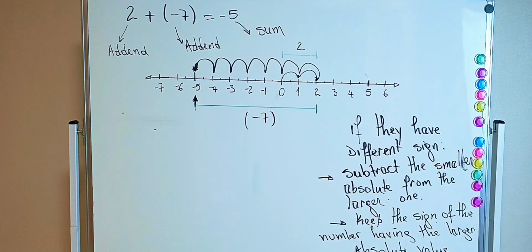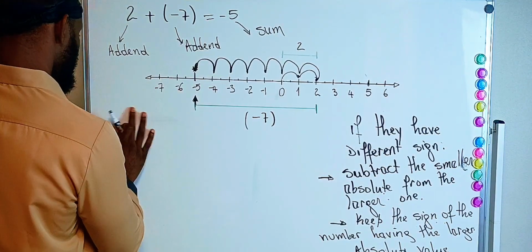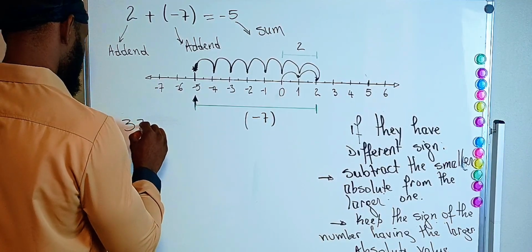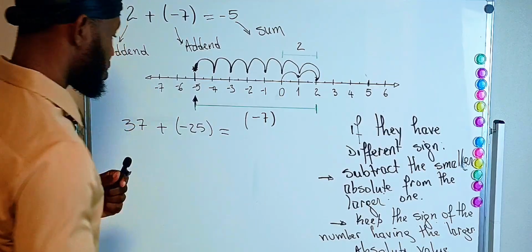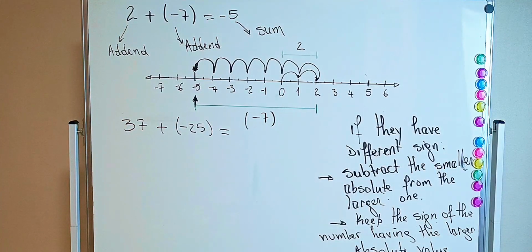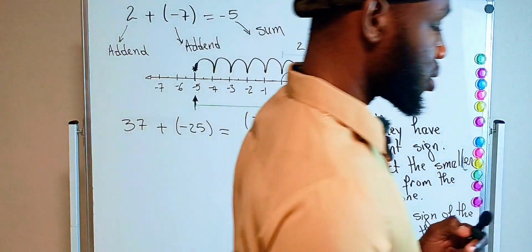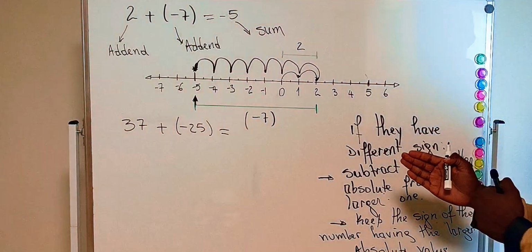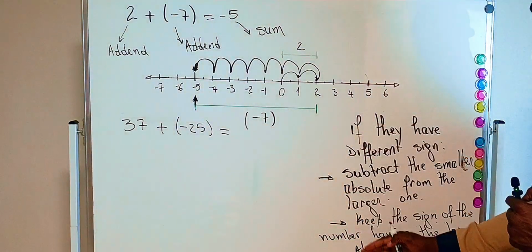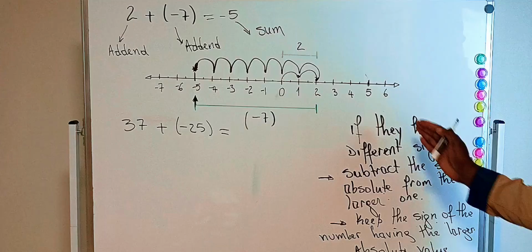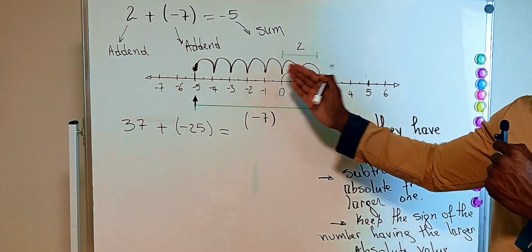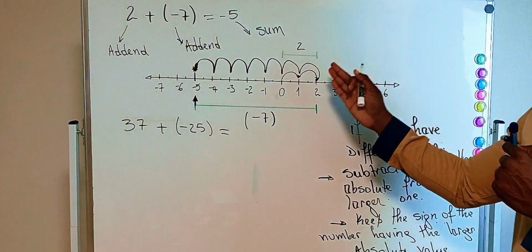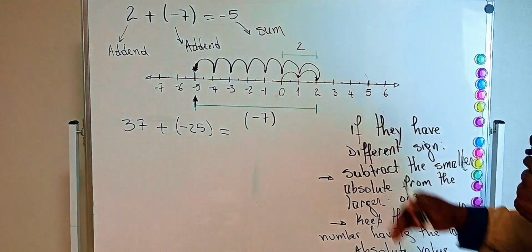So guys, let's go for this one. We've got 37 plus negative 25. Let's do this example together to see if we understand. We're going to do it using the rule we got from the observation on the number line.